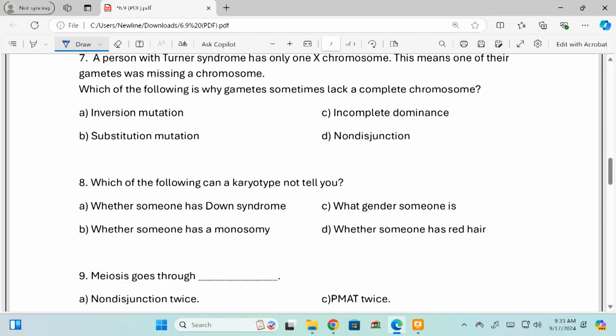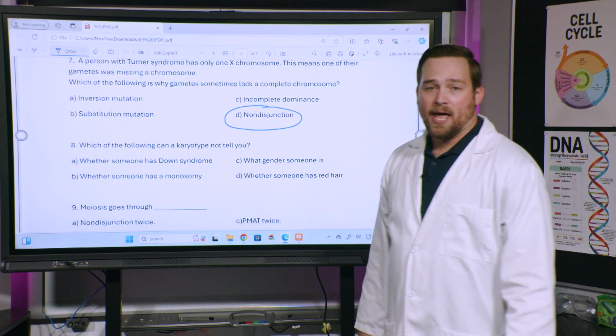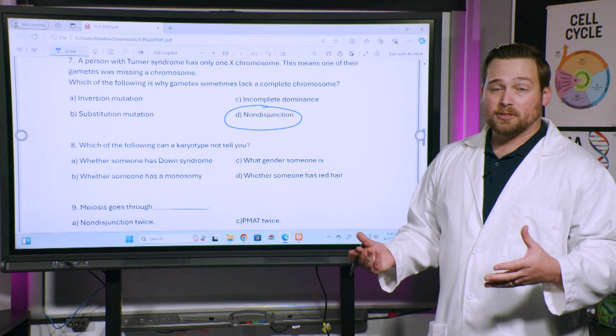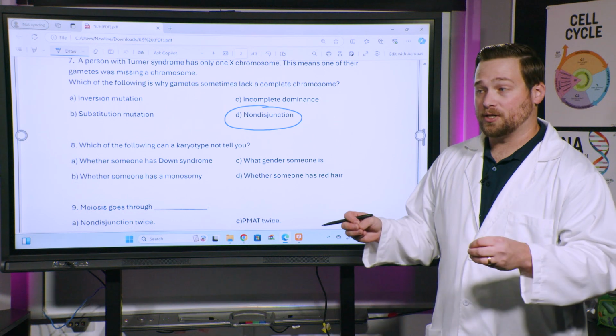7 says, a person with Turner syndrome has only 1 X chromosome. This means one of their gametes was missing a chromosome. Which of the following is why gametes sometimes lack a complete chromosome? So this is a really important term I want us to know. It's called nondisjunction. When we do meiosis, there's 2 times that we do cell division.